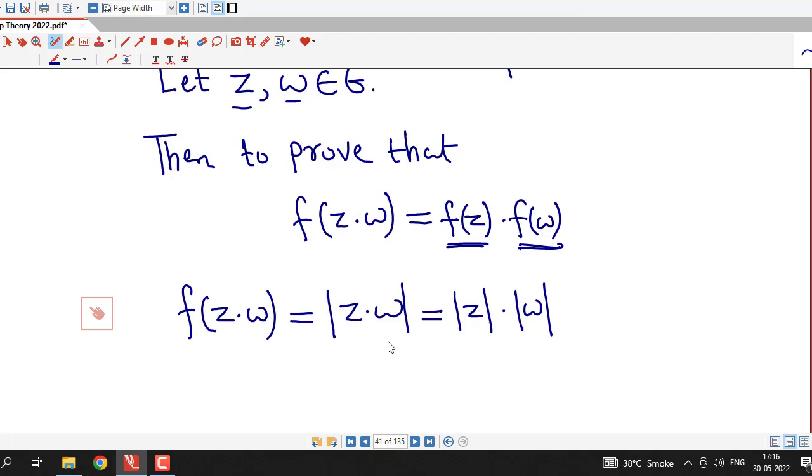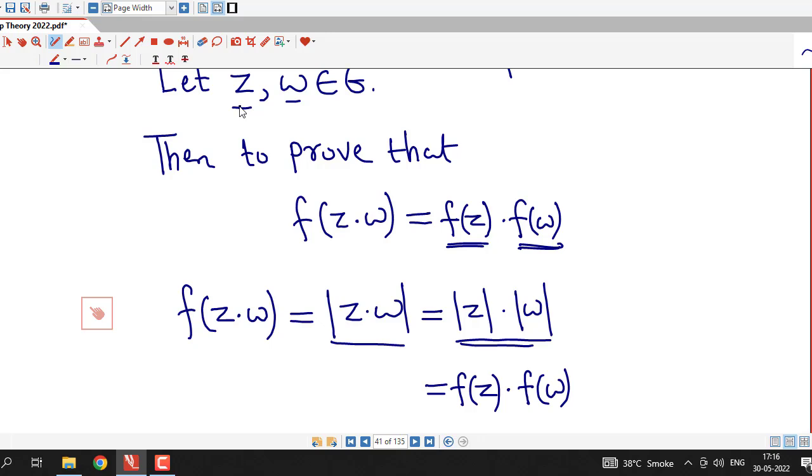This property is true for any two complex numbers: the absolute value of the product of two complex numbers equals the product of their absolute values. So we are using this standard property of complex numbers. Absolute value of z into w equals absolute value of z into absolute value of w. Now the absolute value of z is nothing but f of z, and this is f of w.